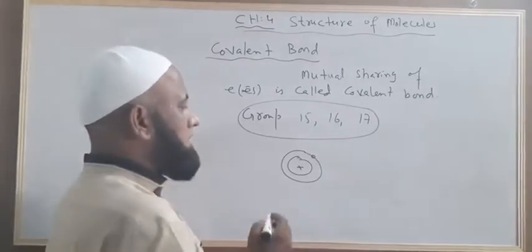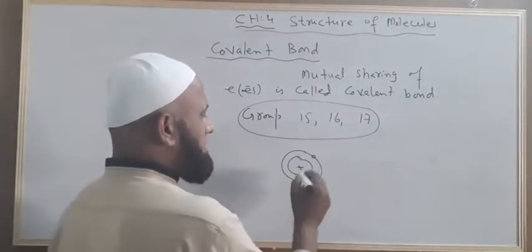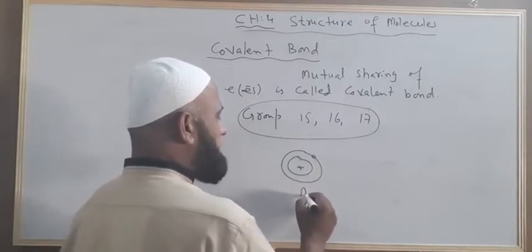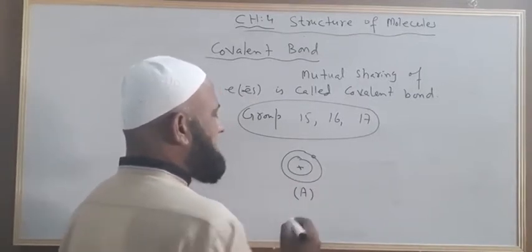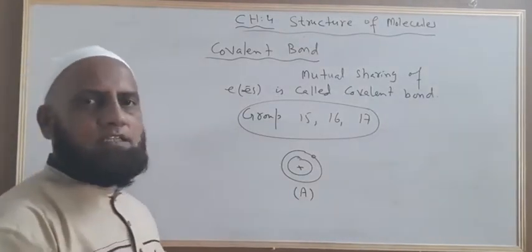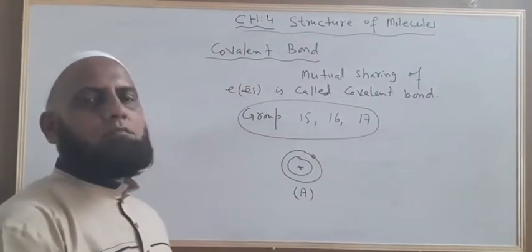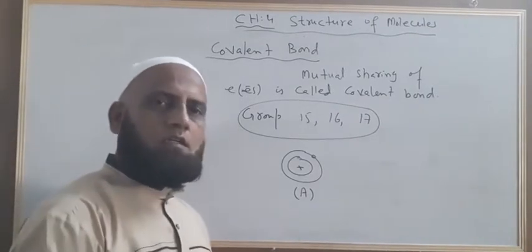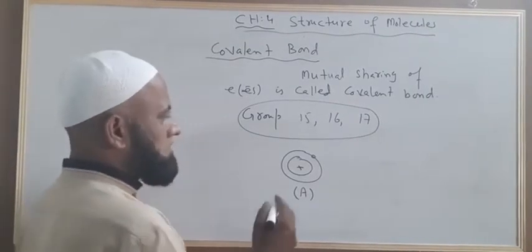So there is a force of attraction between the nucleus and the electron, or proton and the electron. For instance, let's check how atoms arrange themselves to make a covalent bond.